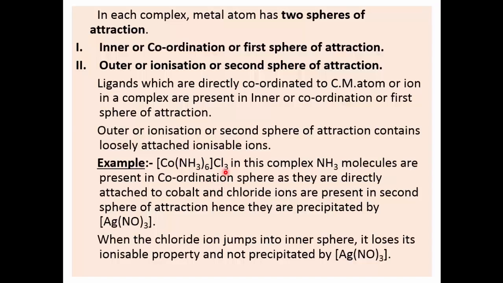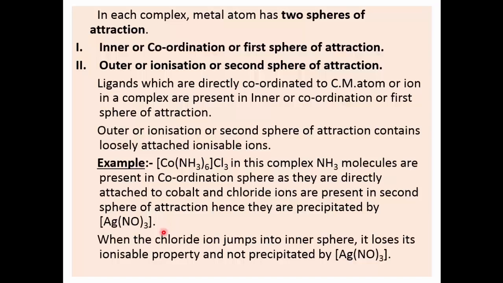While these chloride ions are present outside the square bracket, therefore we say that they are present in the second sphere of attraction or outer sphere, or ionization sphere, and therefore they are precipitated by silver nitrate because they are ionizable. They are precipitated easily by silver nitrate.